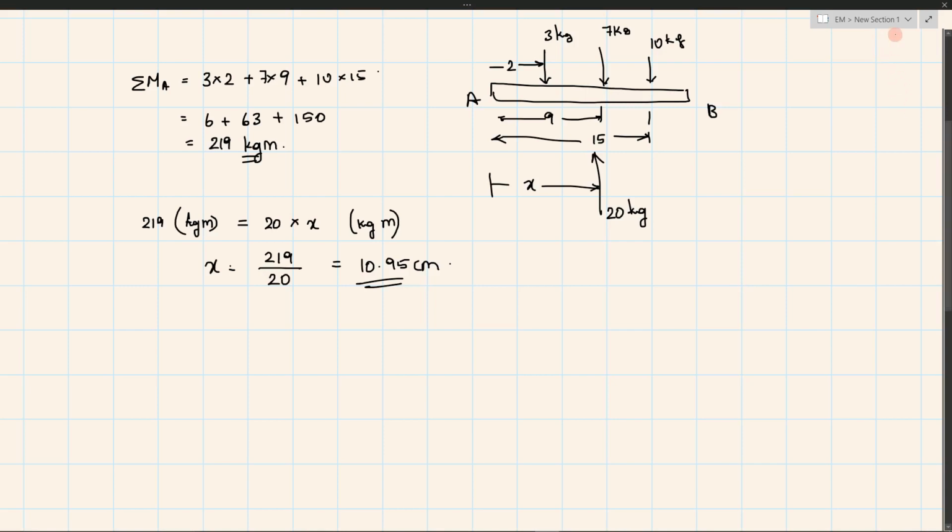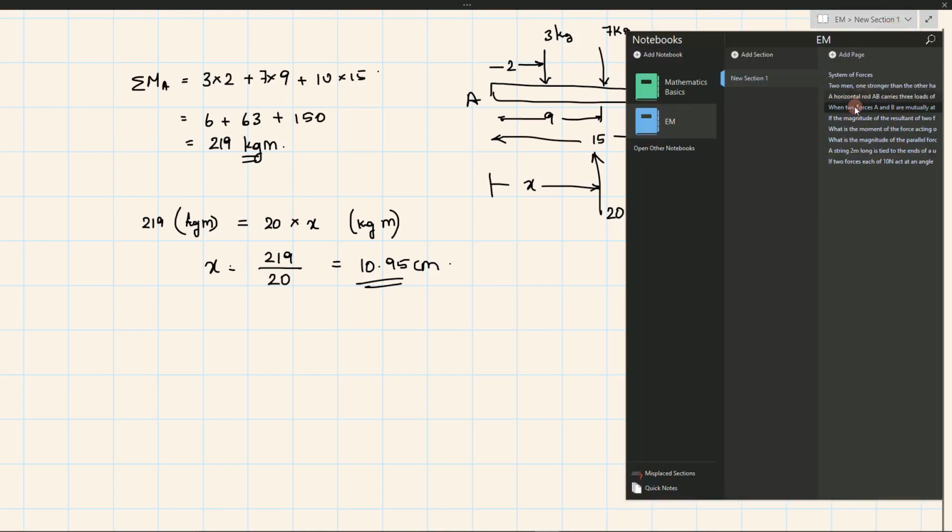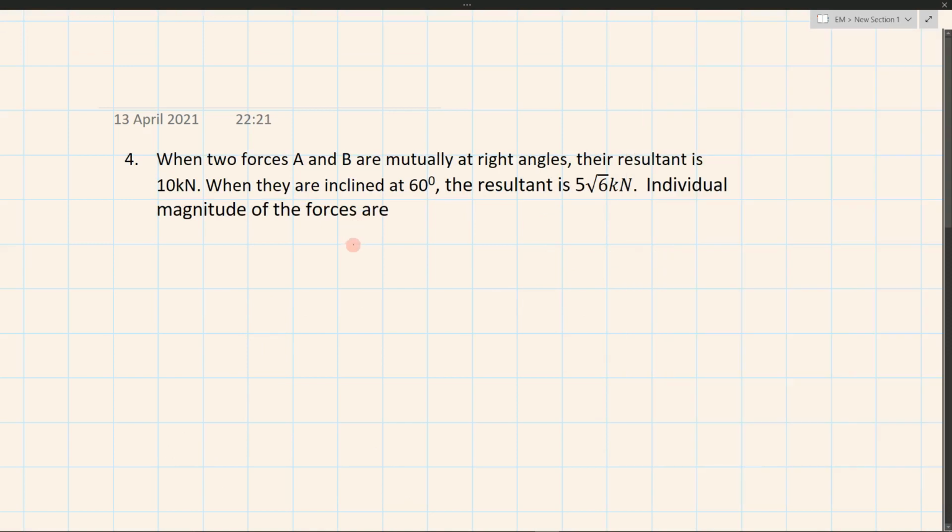Next we have question number 4. When two forces A and B are mutually at right angles, the resultant is 10 kilonewton. So if we have two forces, let's say vector A and vector B, at 90 degree, the resultant would be 10 kilonewton.